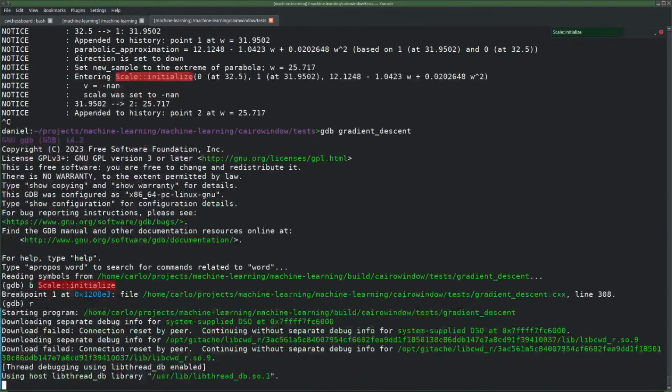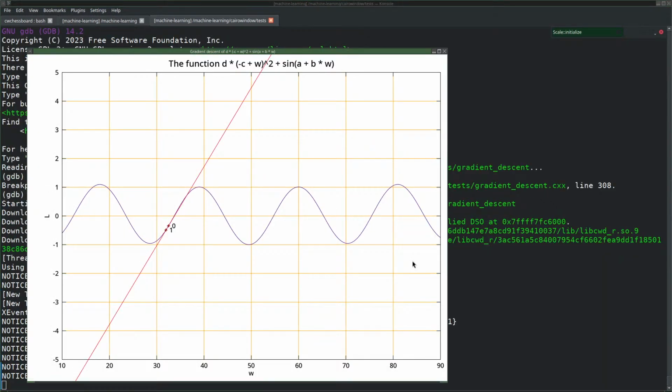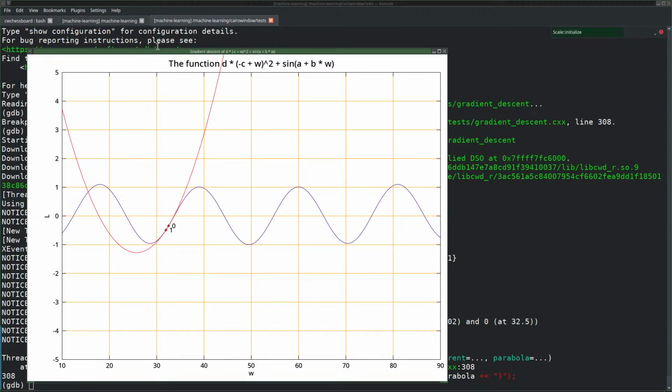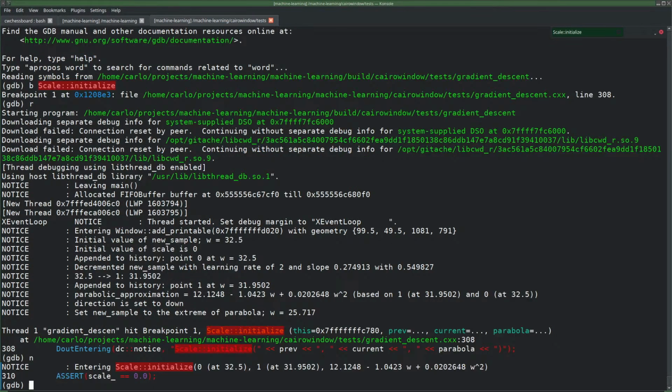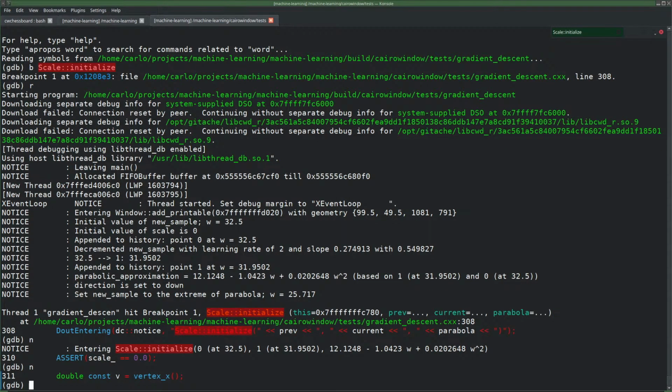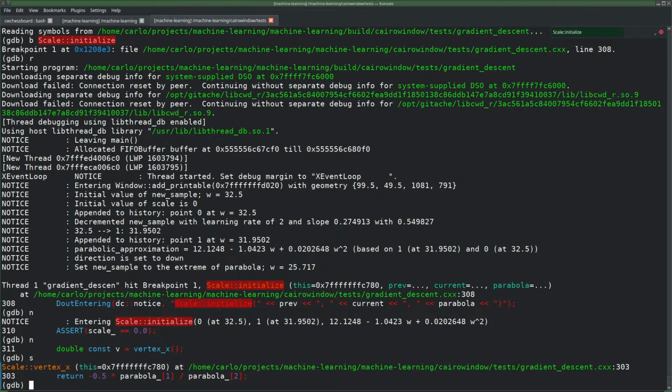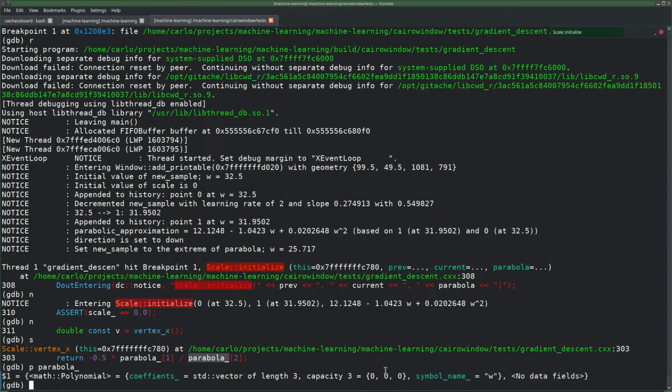Break, run. There it is. Oh, I didn't assign parabola yet.